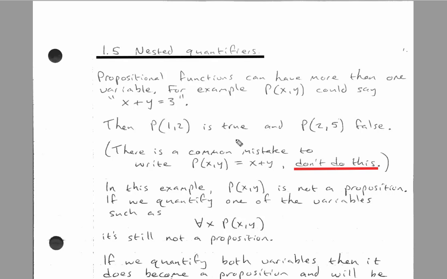It's not the same as maybe the kinds of functions we're used to. So it's not saying p of x comma y is equal to x plus y. It's a bit different. We're used to functions given by formulas, but now we have a function given by a statement like this.